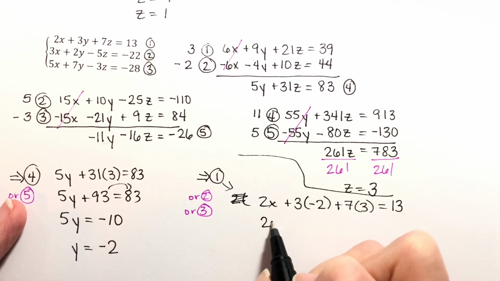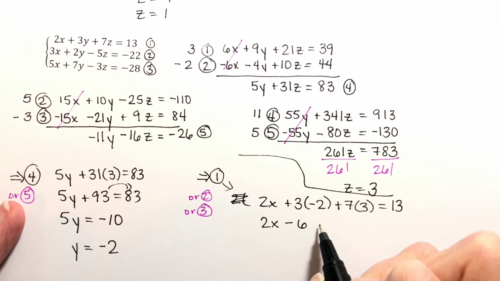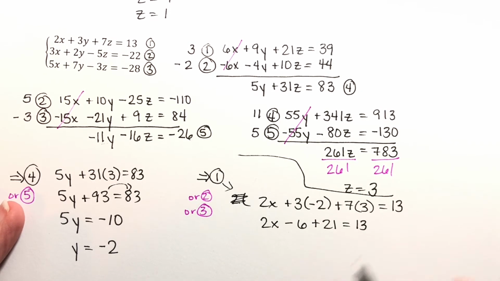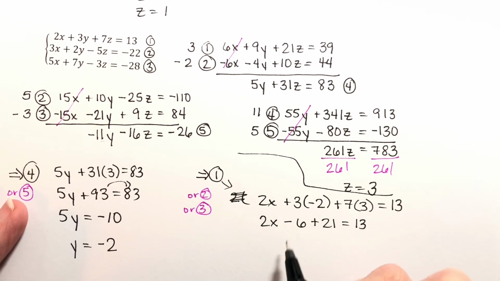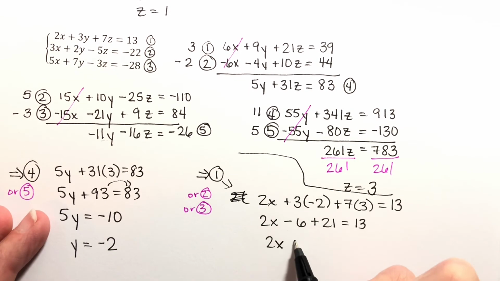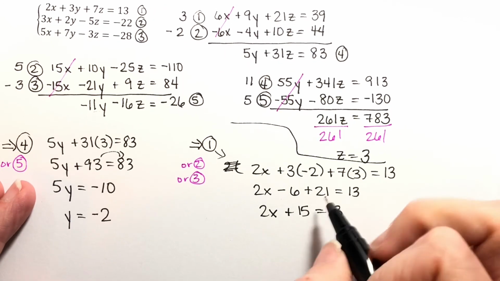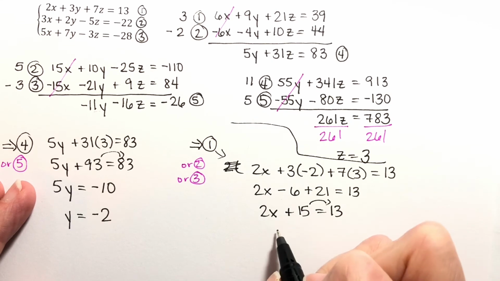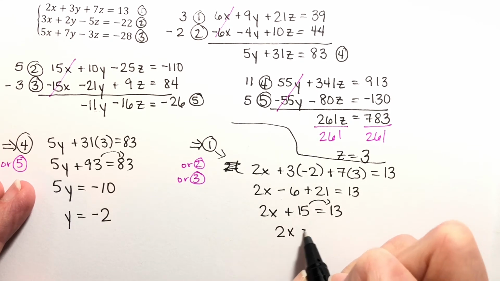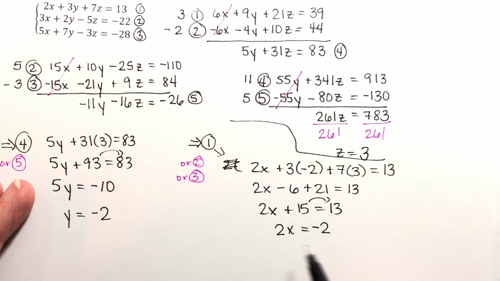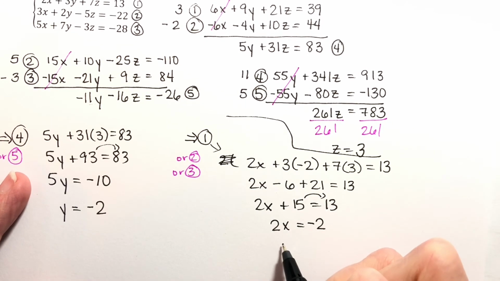So this is 2x minus 6 plus 21 is equal to 13. This gives me 2x plus 15 is equal to 13. Subtract 15 from each side. We have 2x is equal to negative 2. Divide both sides by 2.